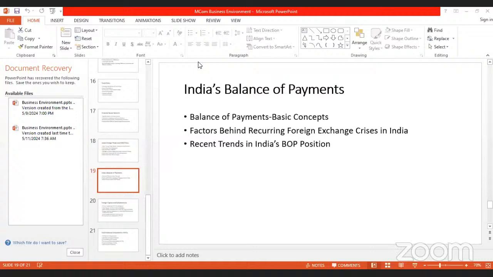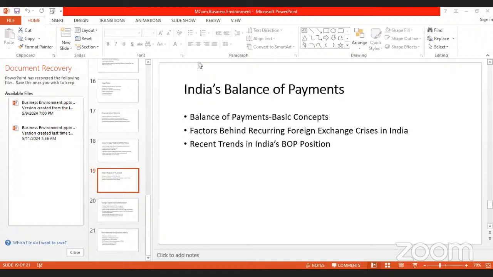Now, the next factor is global economic conditions. Adverse global economic conditions such as recession or financial crisis in major economies can reduce demand for Indian exports and affect capital inflows. So that is global economic conditions. Now, the sixth and the last one is policy missteps.